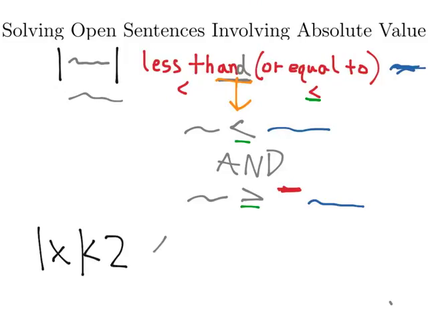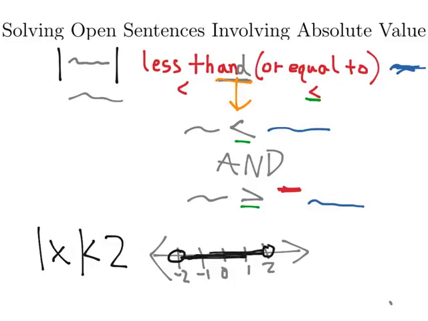If we look at the number line, what that means is if here I have, let's say, 2, 1, 0, -1, -2, the absolute value is less than 2. Absolute value is just the distance from 0. So you could be 2 away on the right or 2 away on the left. Actually, less than 2 away, so we have open circles.